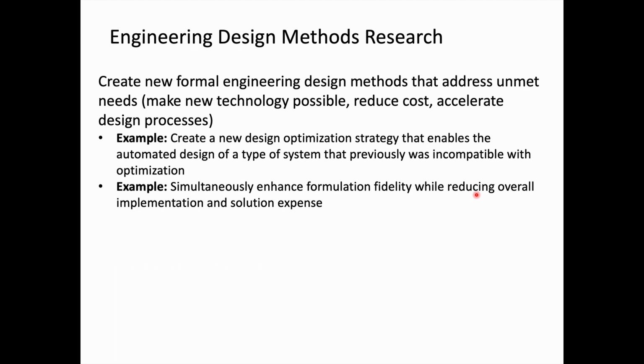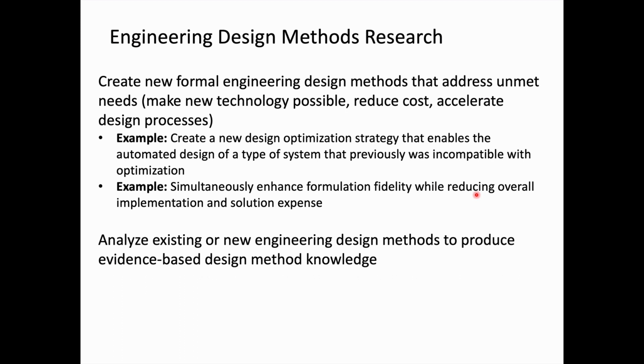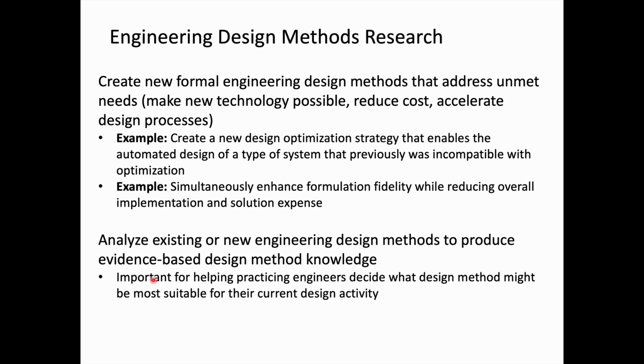That's not all there is to the research. We also have method analysis. So we take either existing design methods, or the new design methods that we've created, and we analyze those to produce new design knowledge based on evidence. This kind of knowledge is important for helping practicing engineers decide what design method might be best for their current design activity.